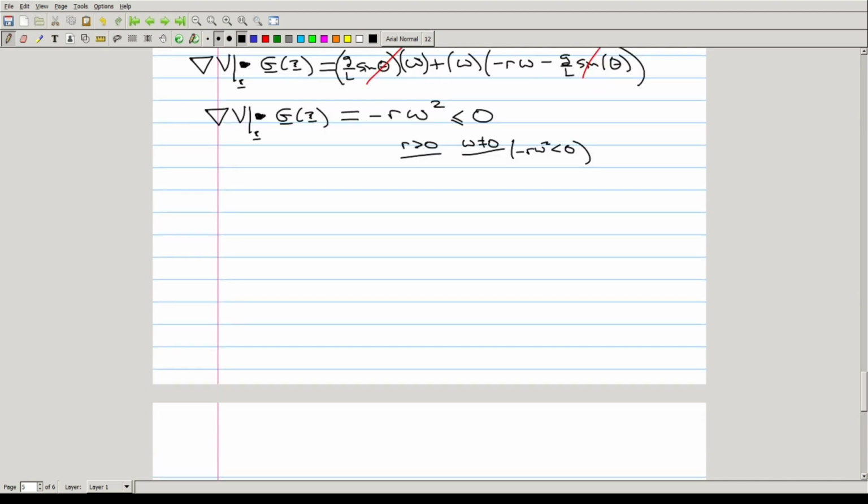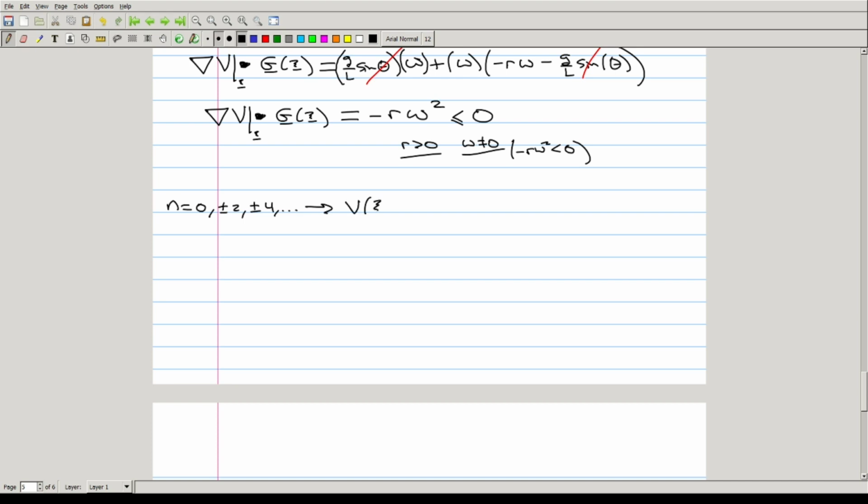Now, it's important to point out that this is only a Lyapunov function for the even values of n, specifically when n is 0, plus or minus 2, plus or minus 4, and so on and so forth.